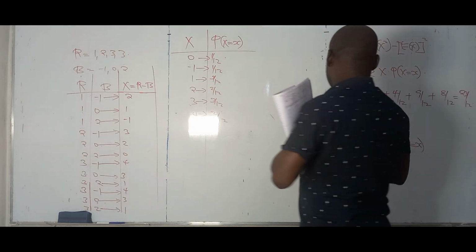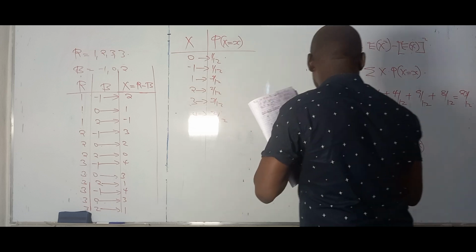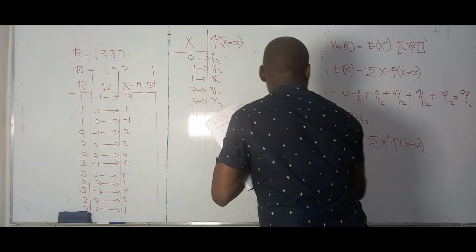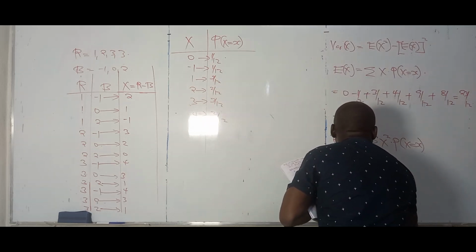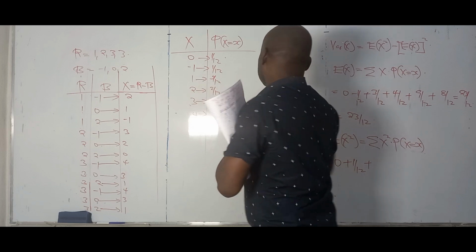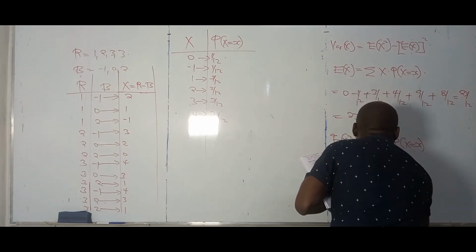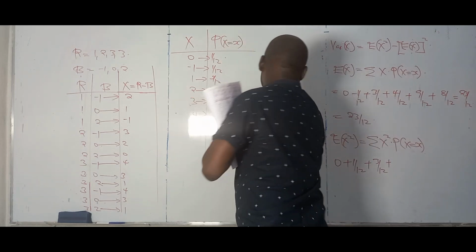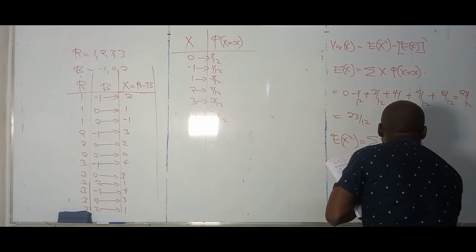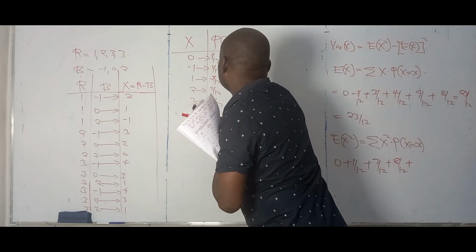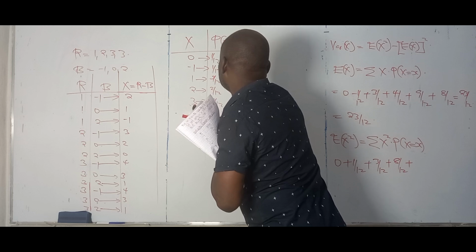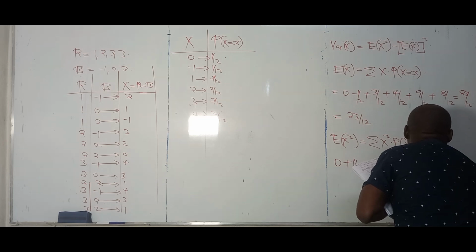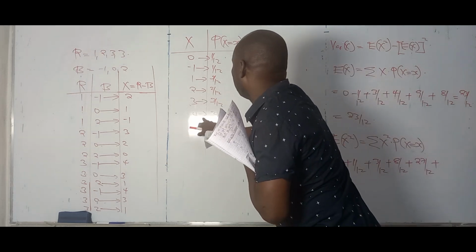That means we have 0 squared times that, which is just 0, plus 1 squared is just 1, that gives me 1 over 12, plus 1 squared, that gives me 3 over 12, plus 4, that's 8 over 12, then 9, that's 27 over 12, then 32 over 12.